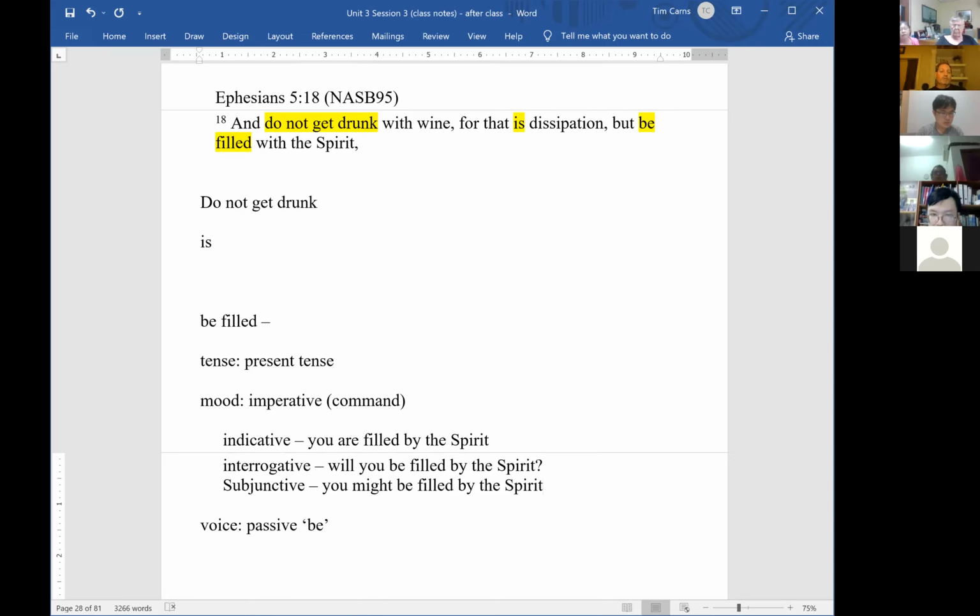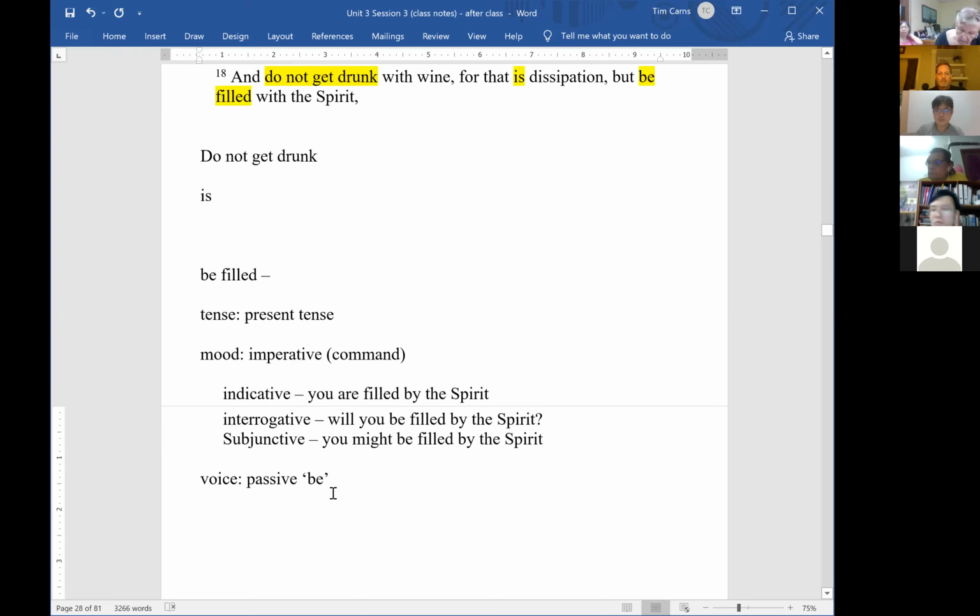He said be filled. So it's a command. It's a statement to do something. But note, do something now in the present tense. But notice it's passive. And Jian Sheng said it very accurately, that the subject is not doing the action, because be filled means that, so in this case, what is the subject here? The subject is you.